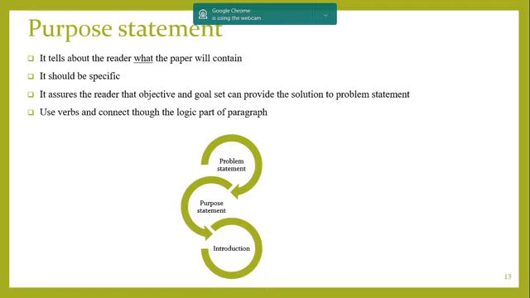When you do your research, you would definitely have framed some problem statements. From the problem statement, you go to a purpose statement, and from the purpose statement, you come to the introduction part.